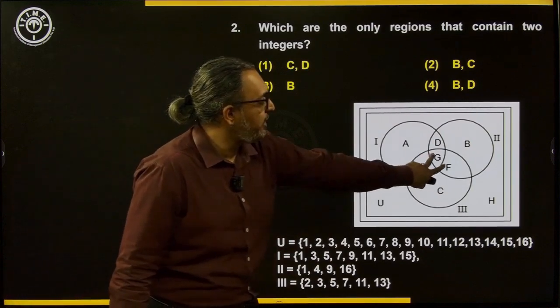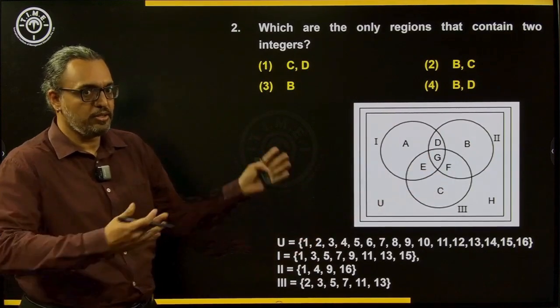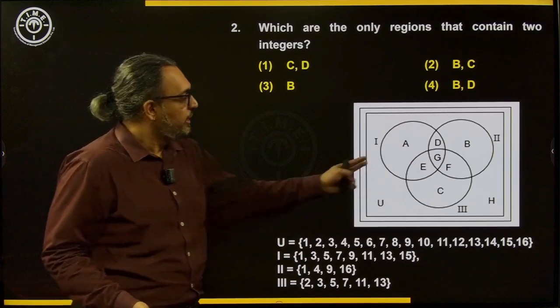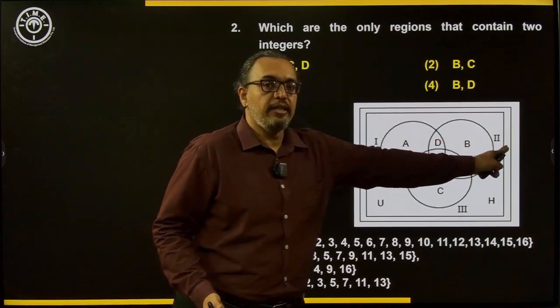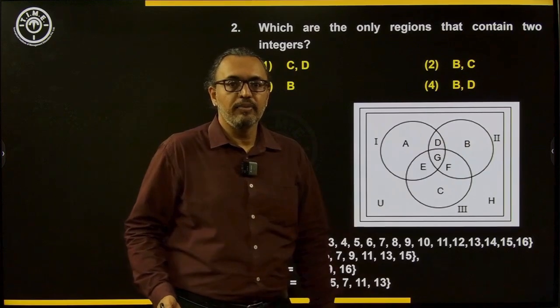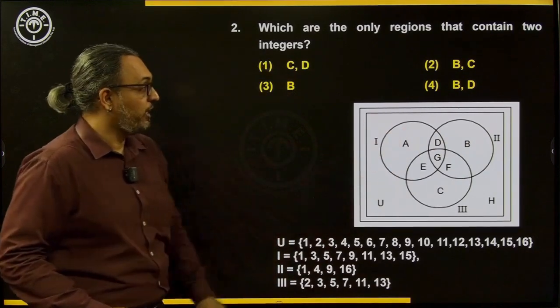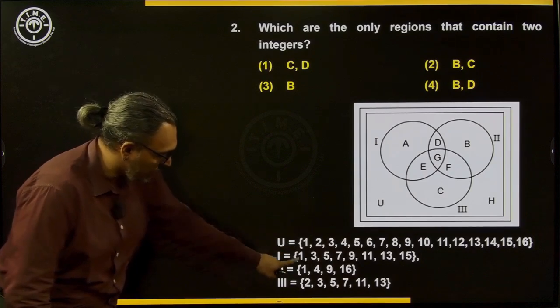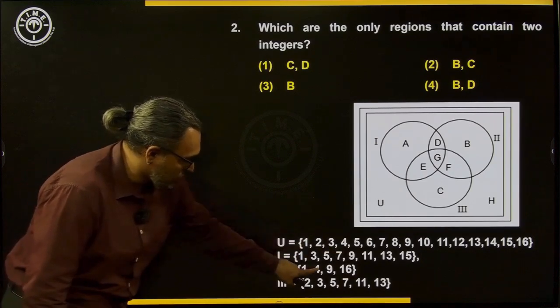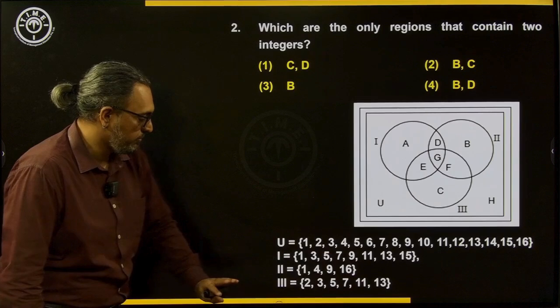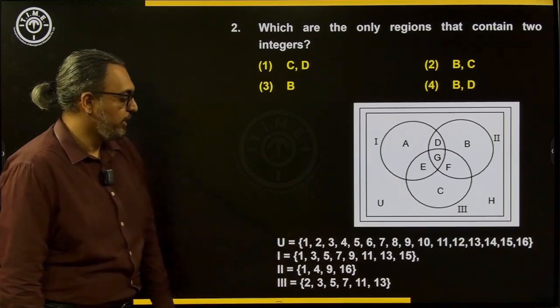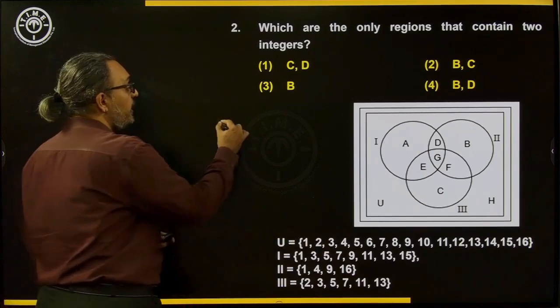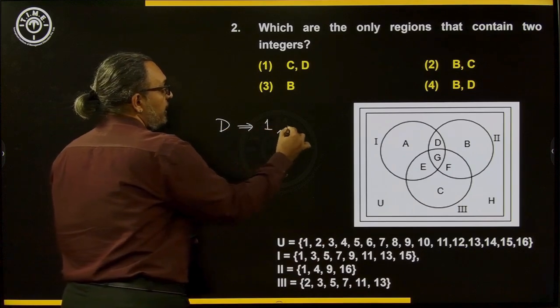Since F and G are empty regions, all the numbers that you get in 2 should be in B and D. But D is common to both 1 and 2. What are the numbers that are common to both 1 and 2? 1 is common, then 9 is common. Others are not common. So D has 1 and 9.